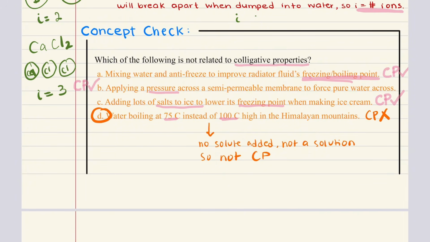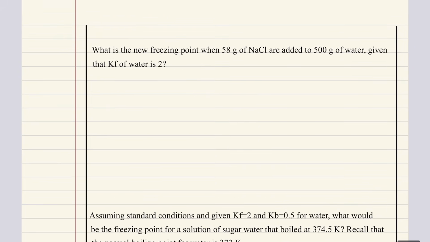So the pure liquid vapor pressure equals the surroundings at a lower temperature. No solute is involved here. So this is not a colligative property. This is not describing something that is related to colligative properties. The correct answer is therefore choice D.